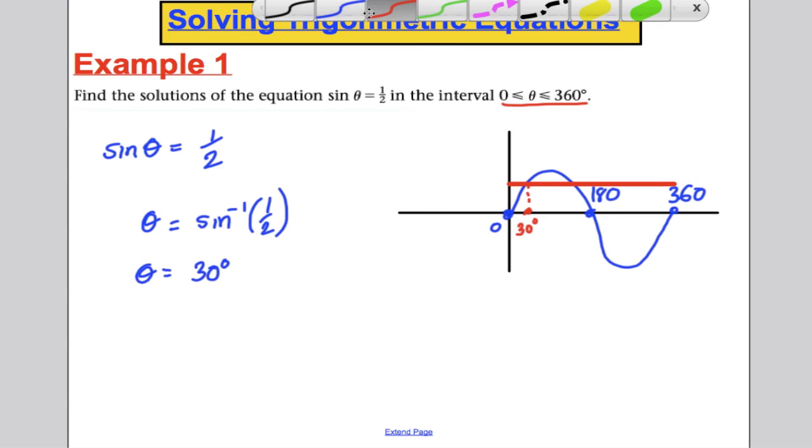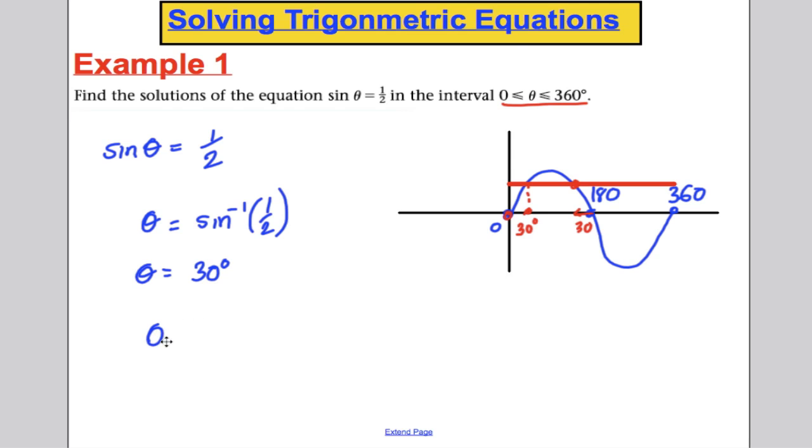Well, sine is also the same here, and this point here is 30 away from the 0, so this is going to be 30 back from the 0, it's going to be at 150. So theta, there are two answers for this. In between 0 and 360, theta on the one hand is 30 degrees, on the other hand is 150 degrees.